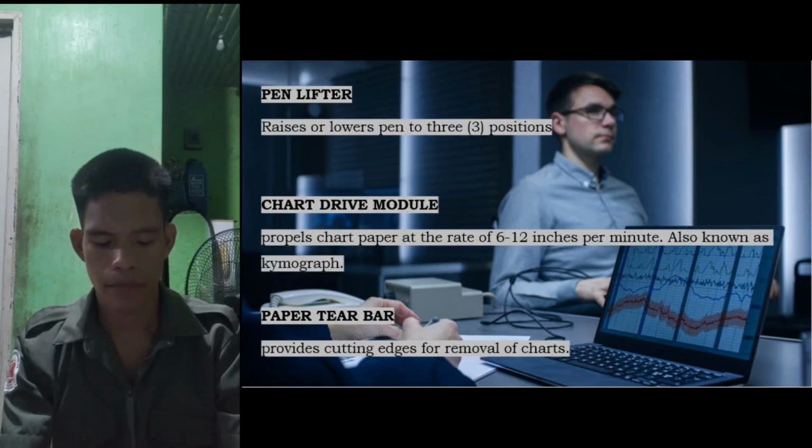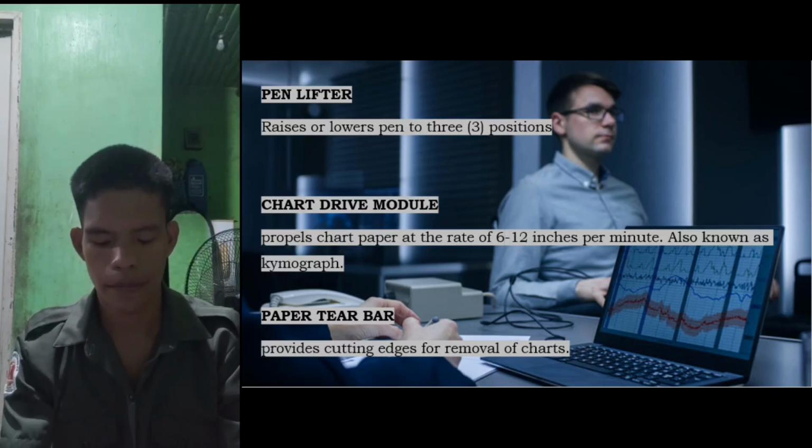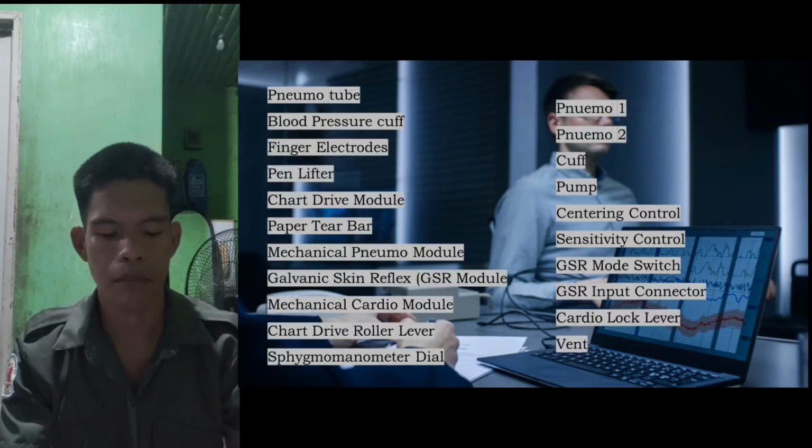Pen lifter. Raise or lower pen to 3 positions. Chart drive module. Wraps chart paper at the rate of 6 to 12 inches per minute, also known as chemograph. Paper tear bar. Provides cutting edge for removal of charts. Mechanical pneumo module. Recording parts of mechanical pneumo channel.